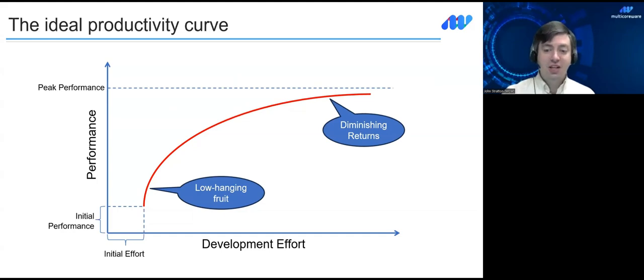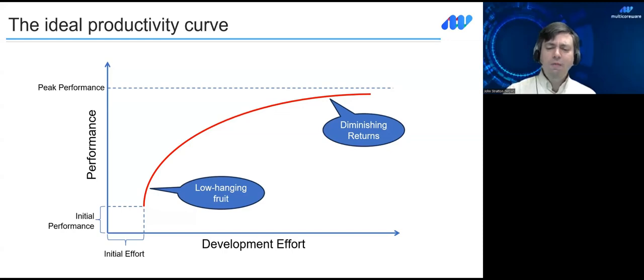There are things that you can do, often at the beginning of a performance optimization project, to get performance increased very quickly with not that much effort. So you've got low-hanging fruit in the early optimization times, but then the more time goes on, it takes more and more development effort to get diminishing returns on your performance improvements, again, keeping things like the system that you're running it on constant.